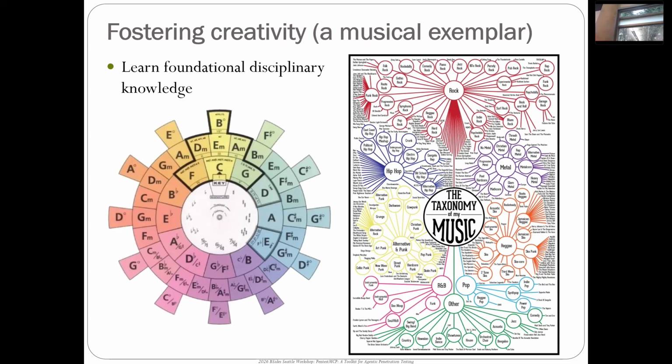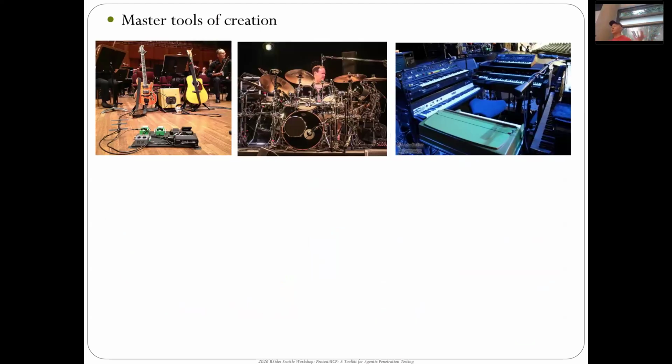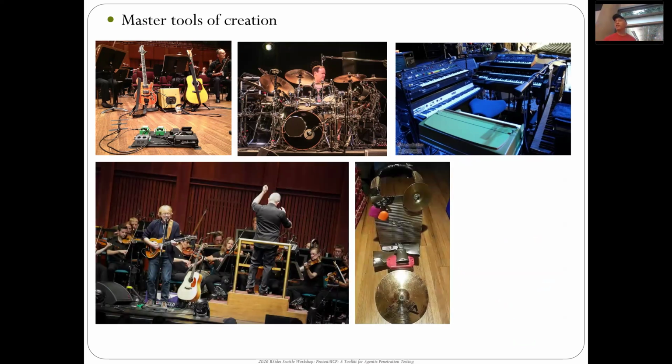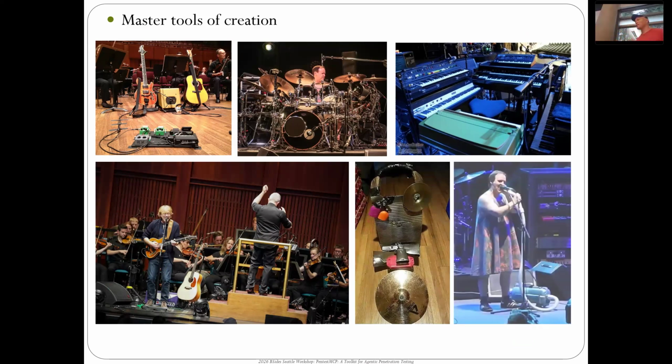They also know all the different genres. In fact, they produce songs in a lot of the different genres. So they know all the disciplinary knowledge. And then they practice the tools of creation all the time. They started out with just guitar, drums, and keyboards like a traditional group. But then they do orchestral arrangements, and they do washboards, and they do vacuum cleaners. And so they're practicing this all the time.